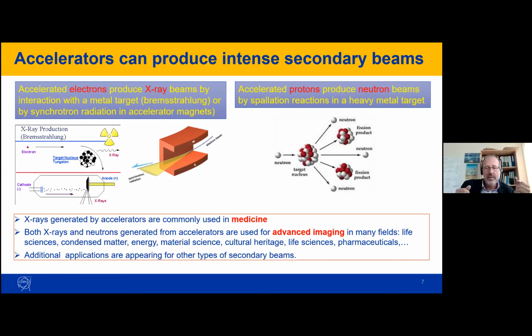There are different ways, but you can generate X-rays. And also you can generate neutron beams, for example, sending particles against nuclei. So there are a lot of ways to use a particle beam, either directly sent on an object or indirectly to create secondary beams.